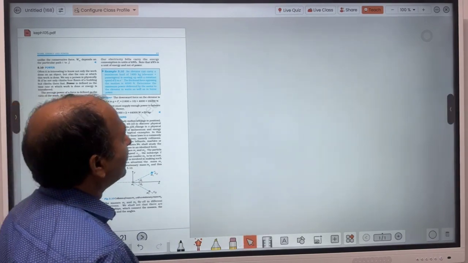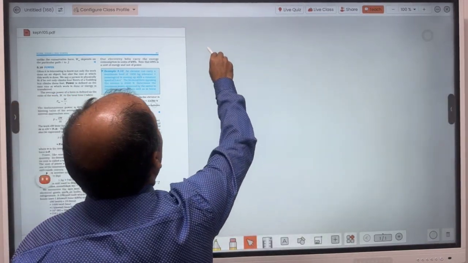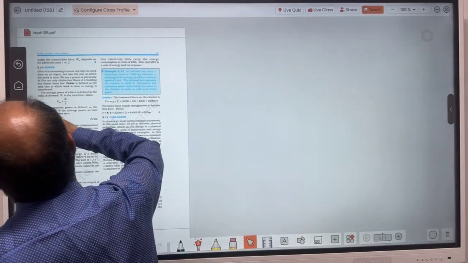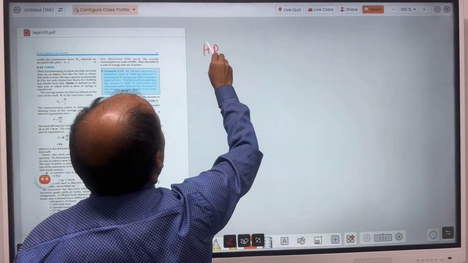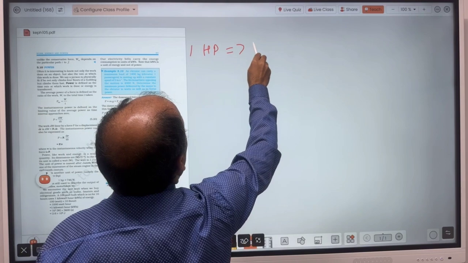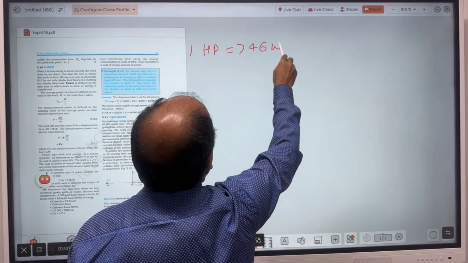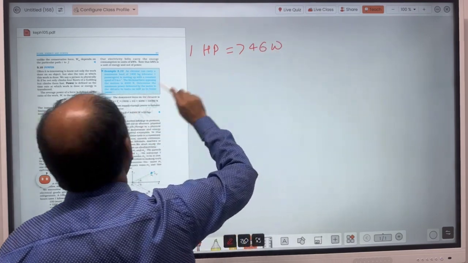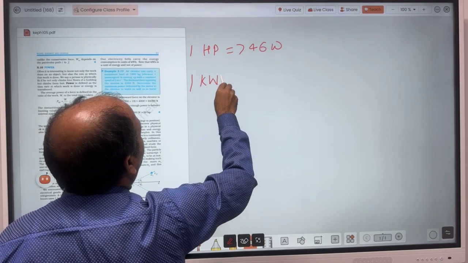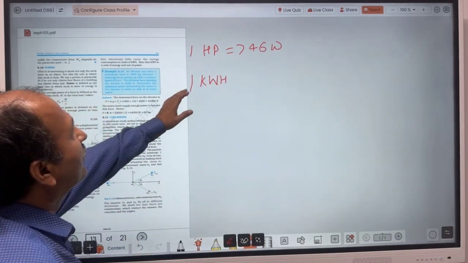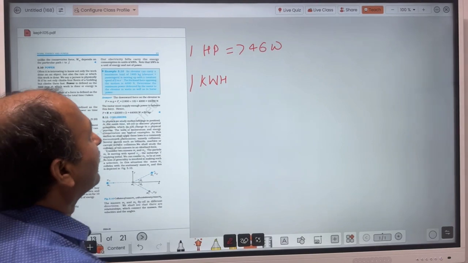There is another unit of power, and that unit is horsepower. So 1 horsepower is equal to 746 watt. Then 1 kilowatt hour is equal to 1 electrical unit of energy.